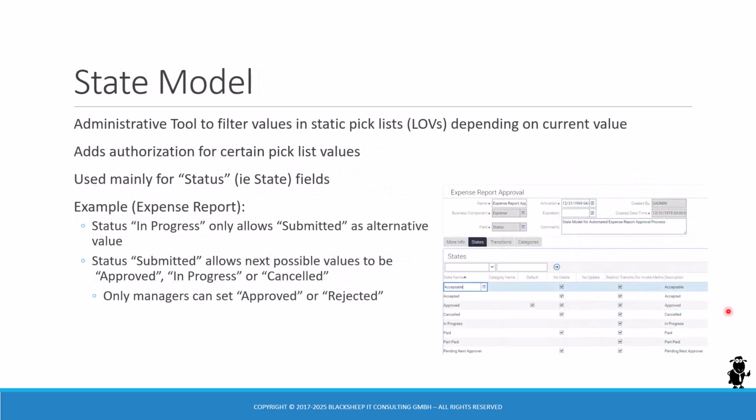And the automation features really take it away. So state model is a classic automation feature that we dive into as a starter, where you can set the pick lists that are literally filtered based on the state of the record.